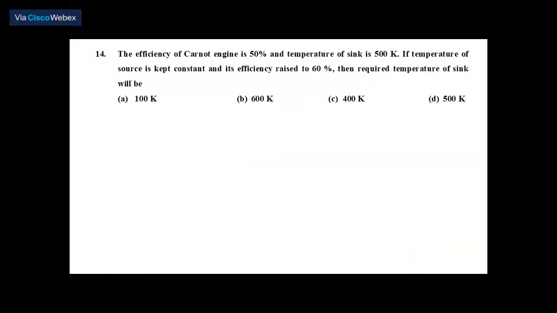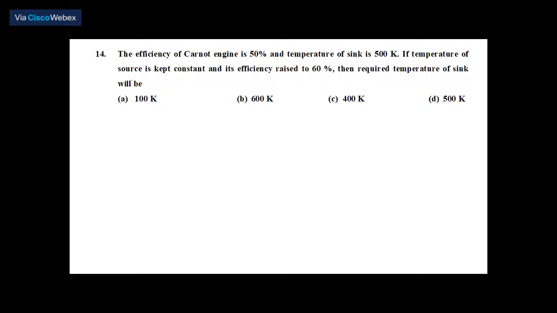The efficiency of a Carnot engine is 50% and the temperature of the sink is 500 kelvins. If the temperature of the source is kept constant and its efficiency is raised to 60%, then the required temperature of the sink will be, without changing the temperature of source, we increase the efficiency.